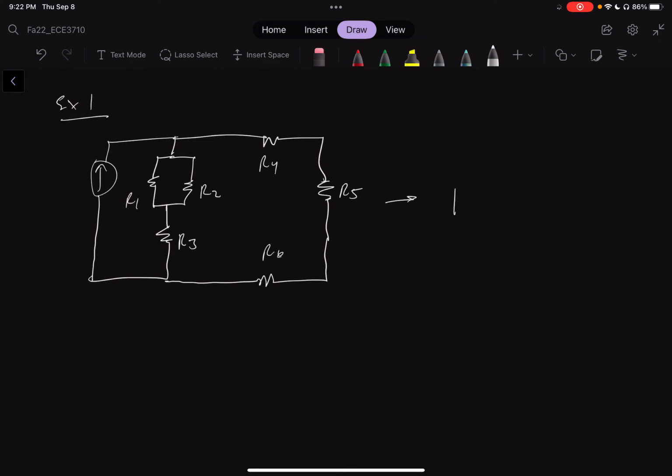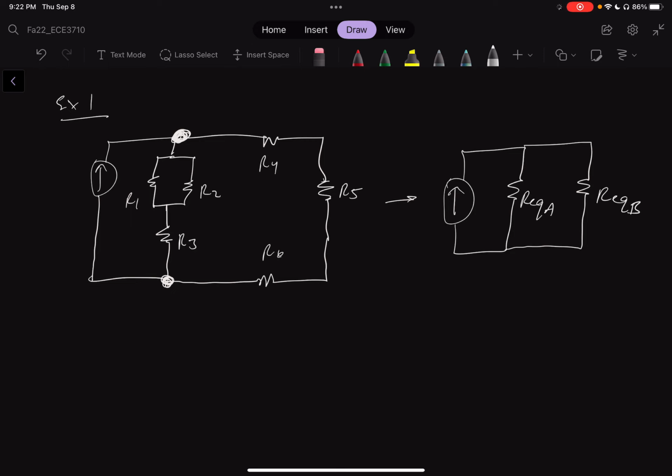Then you would need to simplify that to this. So you can simplify that circuit on the left to the circuit on the right. And then you could solve for the currents flowing through them if you had to in a homework or an exam.